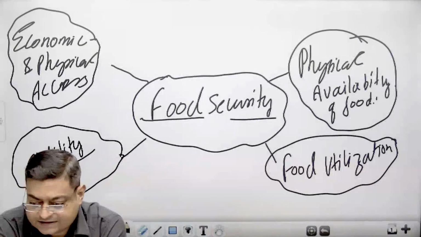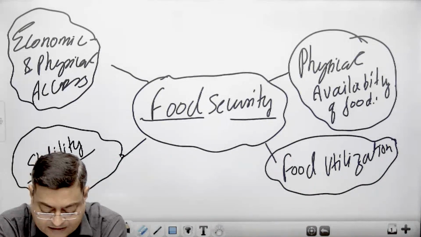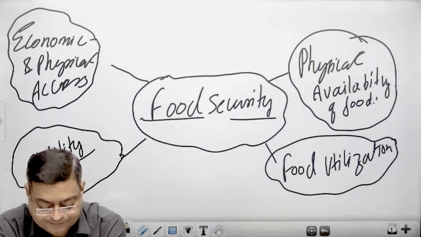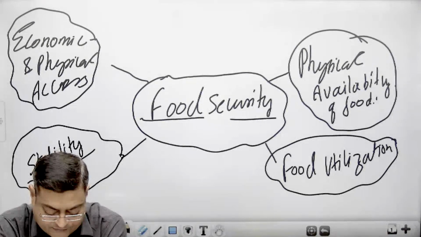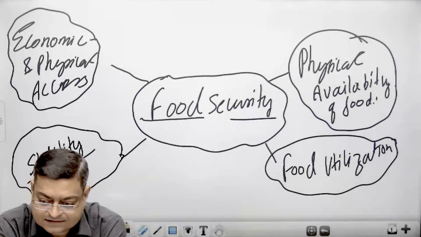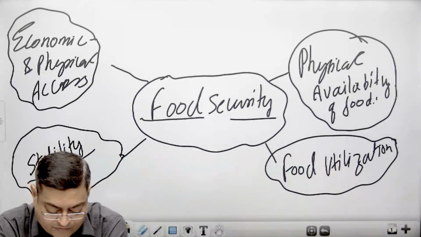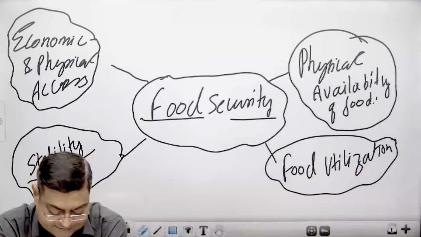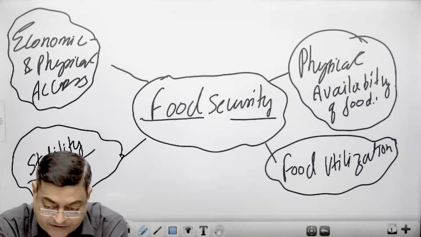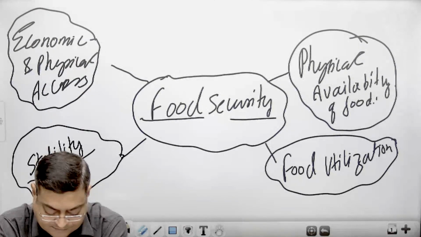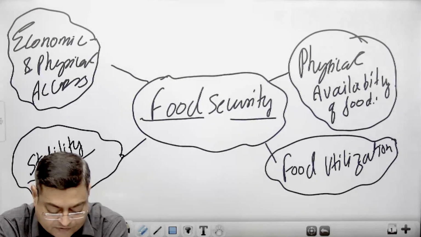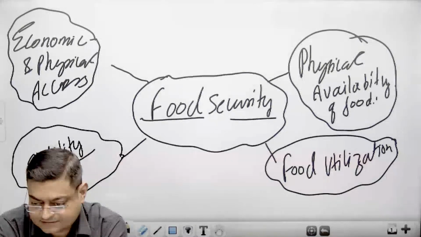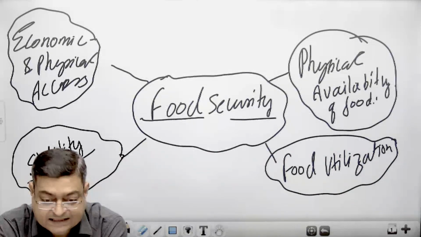Sufficient energy and nutrient intake, the feeding practices, food preparation, diversity in the diet, combined with good biological utilization is necessary.